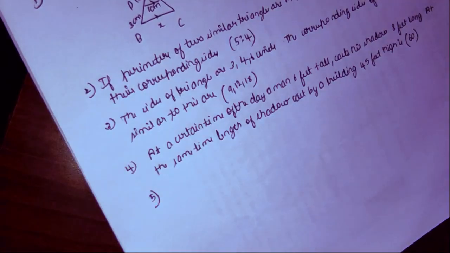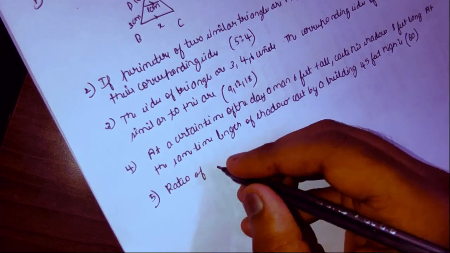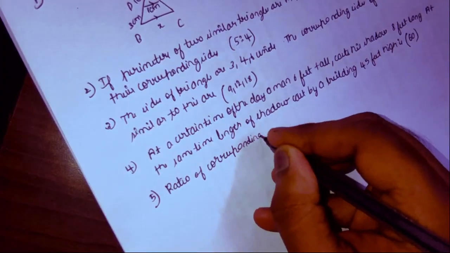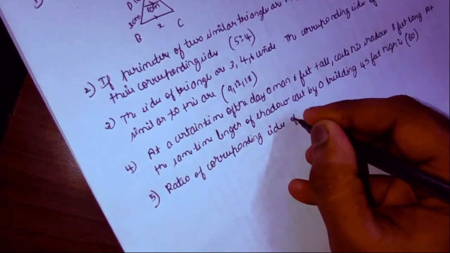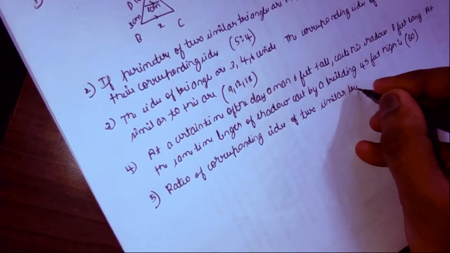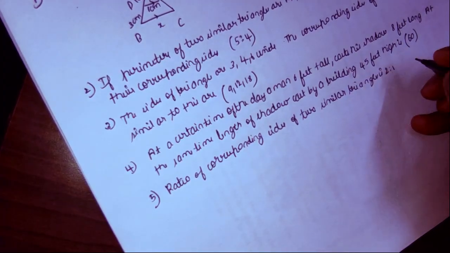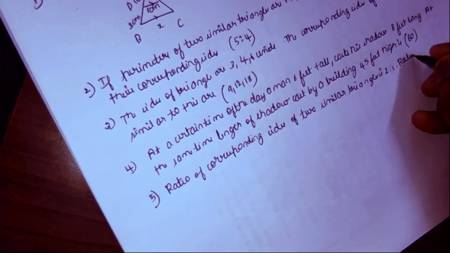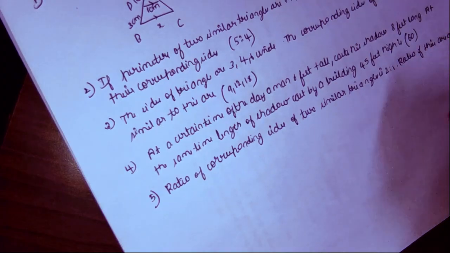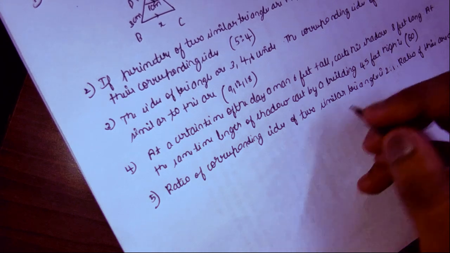Fifth one. Ratio of corresponding sides of two similar triangles is 2:1. Ratio of their areas is 4:1.